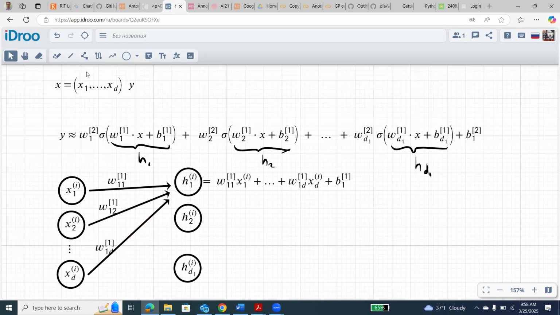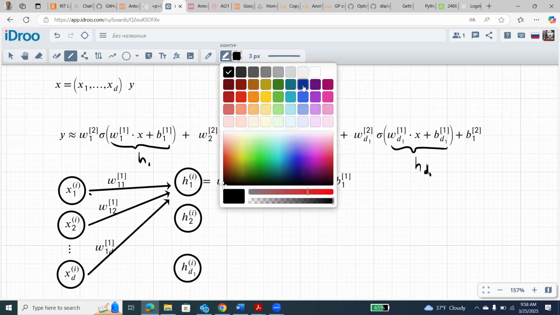To calculate H2, we will also use all input X's, but with some other constants, some other weights. So let's use another color.